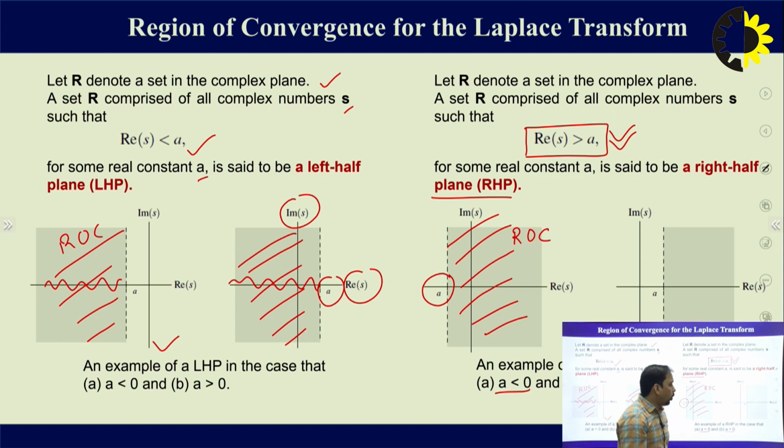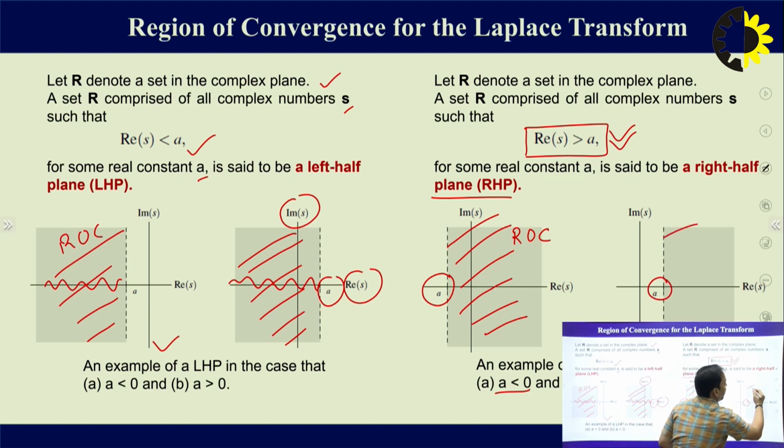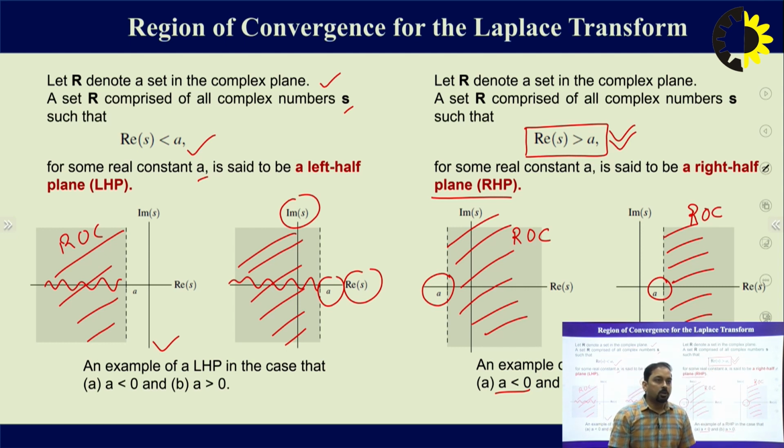A similar case is when A is a positive quantity, which will be lying somewhere on the right hand side. The region which will be shaded will be this one, and this will be called the ROC, region of convergence of the Laplace transform. So we have seen both the cases, when real part of s, or sigma, is less than some constant A, and when real part of s is greater than some constant.